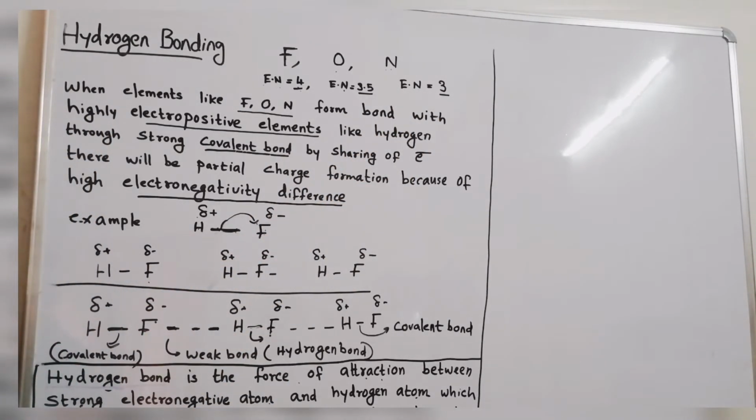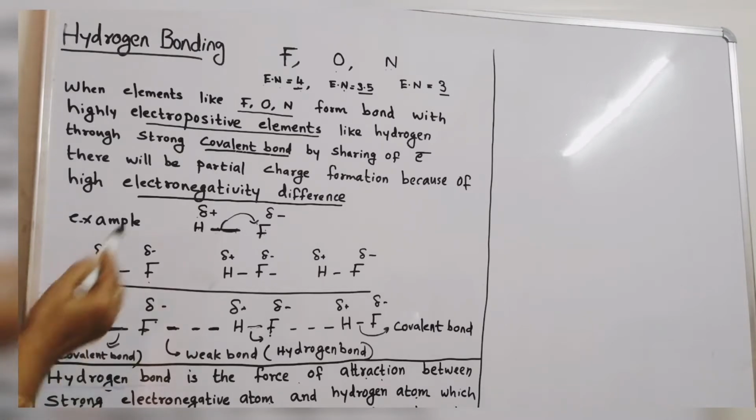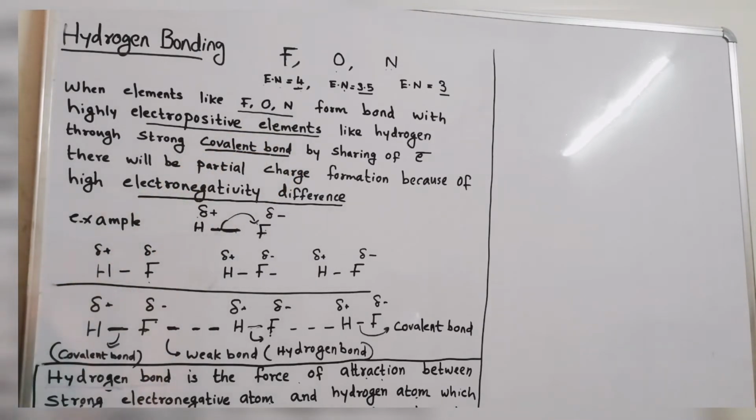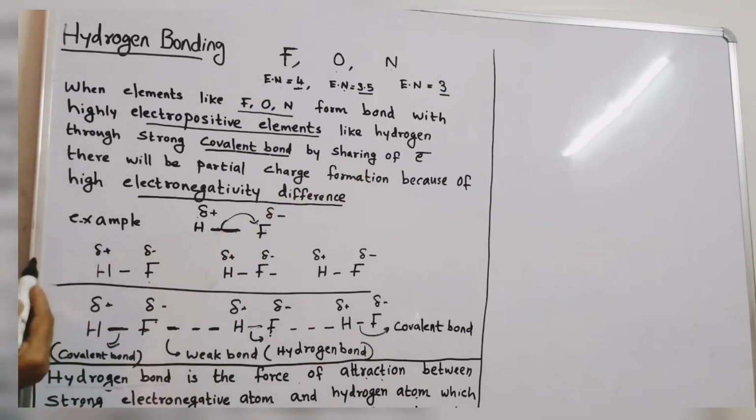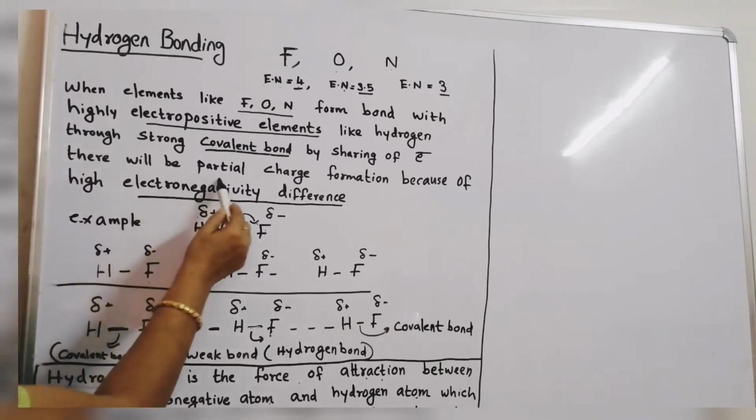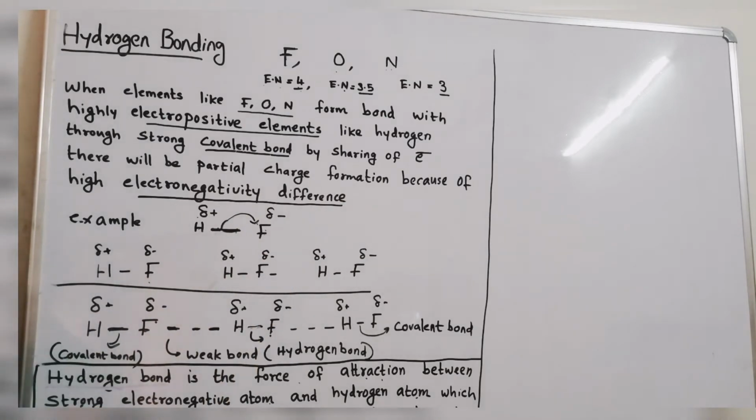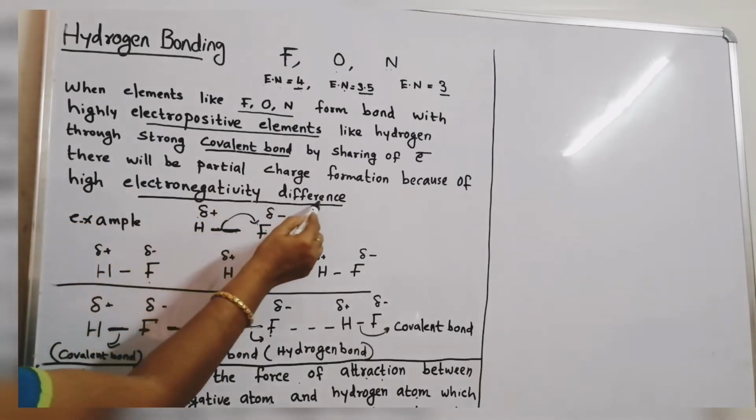When these elements form bonds with highly electropositive elements like hydrogen through strong covalent bonds, covalent bonds are formed by sharing of a pair of electrons. There will be partial charge formation because of high electronegativity difference.